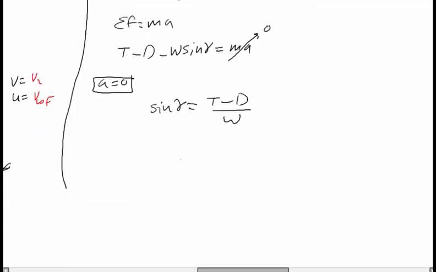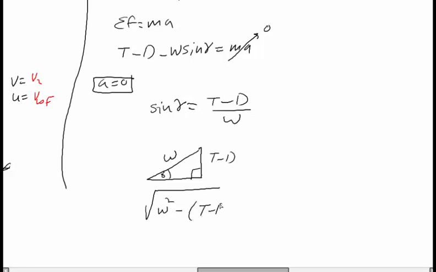Let's write it down. From this equation, sine gamma will be this over this, so T minus D over W. If you use the Pythagoras law, we have the square root of W square minus thrust minus drag square. So tan gamma will be thrust minus drag over the square root of W square minus thrust minus drag square.